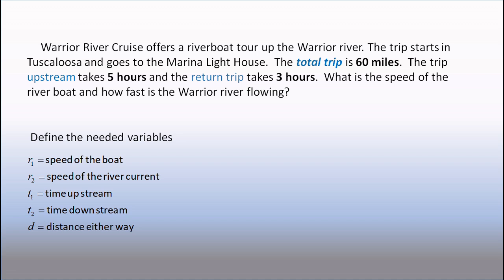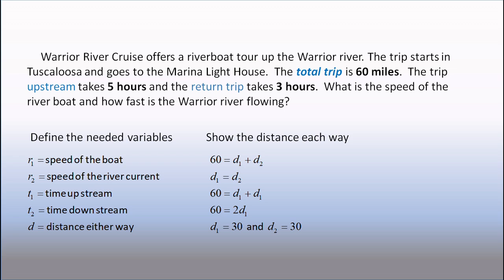The next thing we need to do is define our variables. We're going to call R sub 1 the speed of the boat and R sub 2 the speed of the river current. T sub 1 is time upstream and T sub 2 is time downstream. And D is the distance either way. Once we've done this, we're going to show that the distance each way is 30.